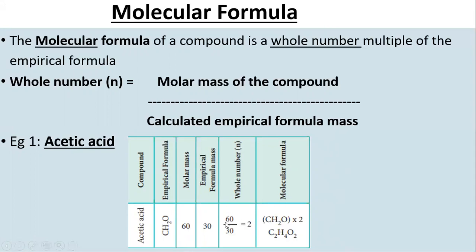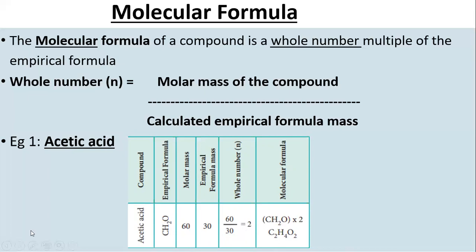Now on multiplying the empirical formula by this 2, we get the molecular formula of acetic acid. CH2O into 2: C will be C2, H is 2 so 2 into 2 is 4, and O is 1 into 2, which is 2. C2H4O2. So this will be the molecular formula of acetic acid, whereas the empirical formula is CH2O.